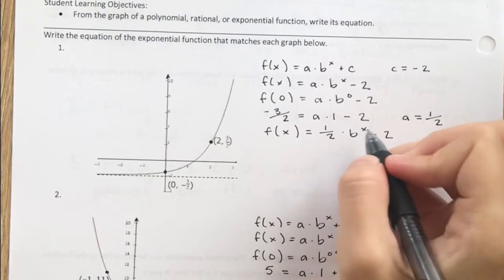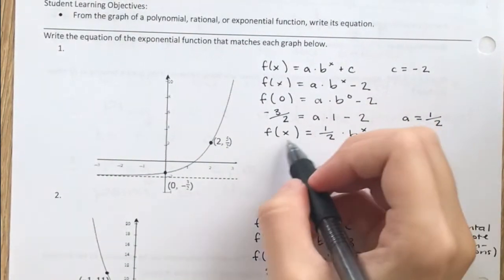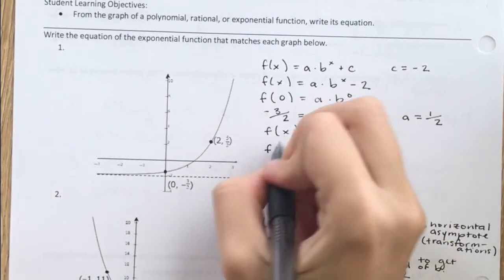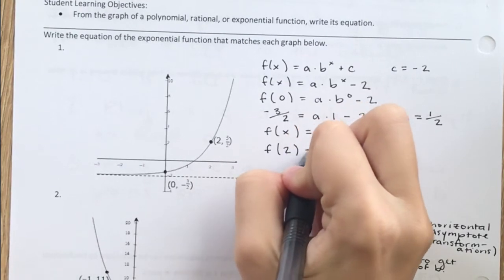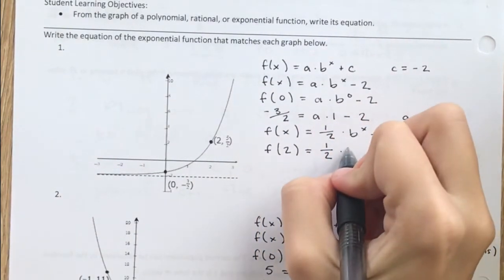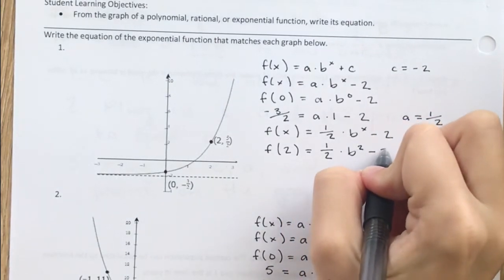We're solving for b. Last but not least, we can plug in any other point on the graph for x and f of x. Let's use the one it gives us. So f of 2 is 1/2 times b to the 2 minus 2.